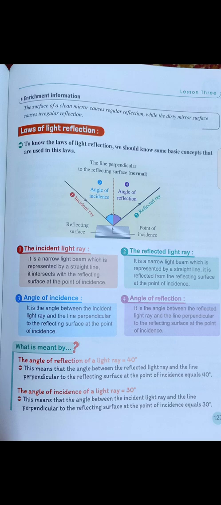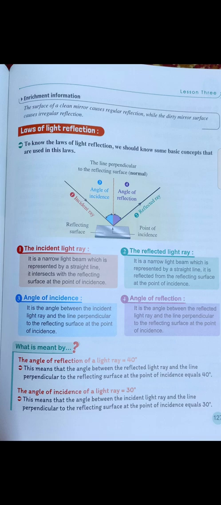So we will conclude that these two points are known as the laws of reflection. The first one states that the angle of incidence equals the angle of reflection, and the second law states that the incident light ray and the reflected light ray and the normal are all located in one plane perpendicular to the reflecting surface.